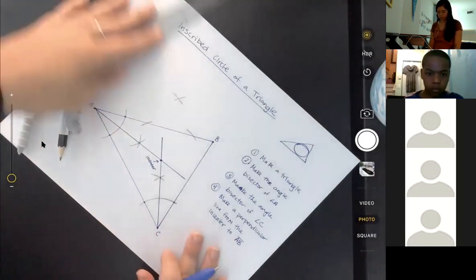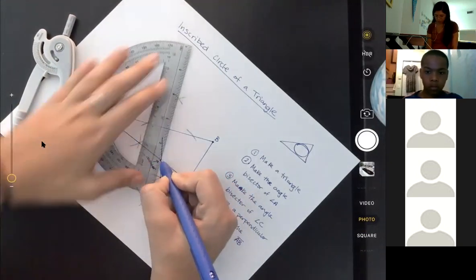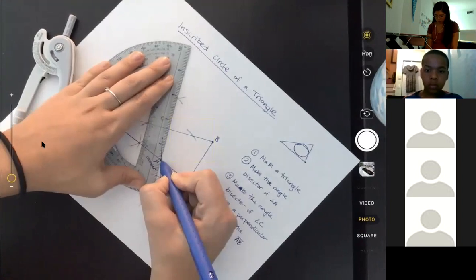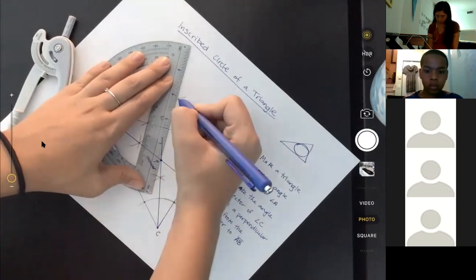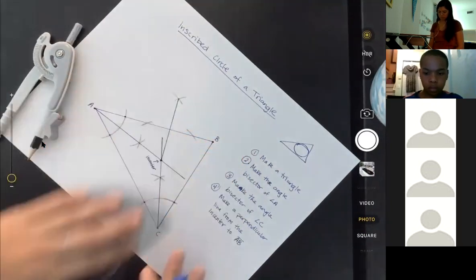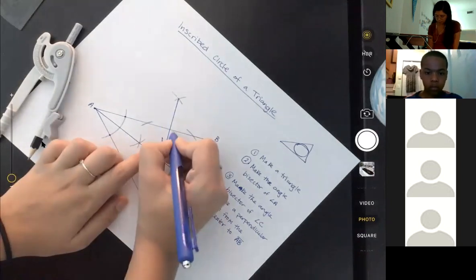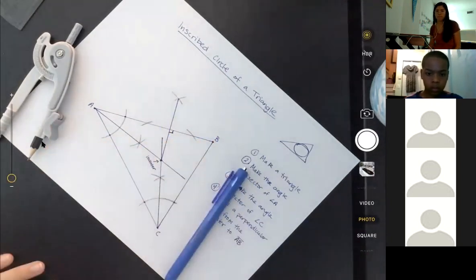And so now I'm going to connect my in-center with that intersection point. And what that does is it makes a perfect right angle. Okay. We're almost there.